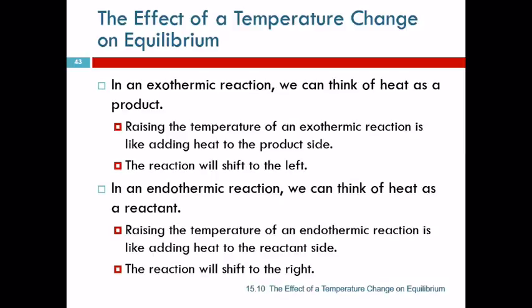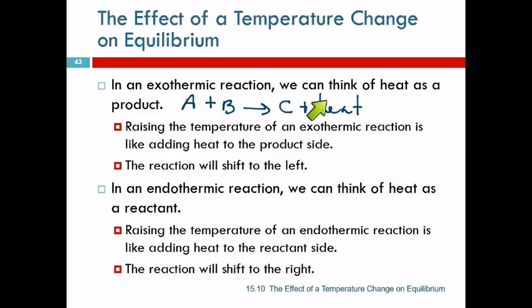Let me write that out. So an exothermic reaction might be something like A plus B goes to C plus heat. It's giving off heat. It's producing heat. If we raise the temperature of an exothermic reaction, that's like adding heat.